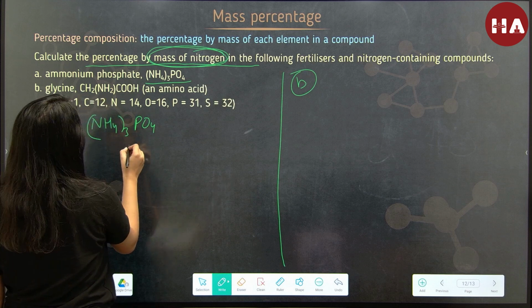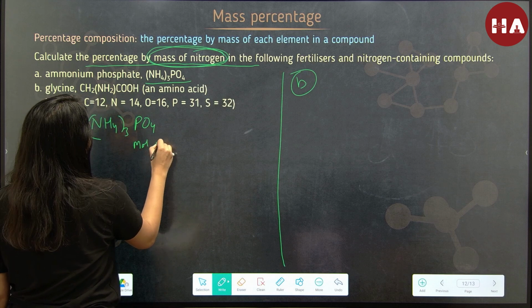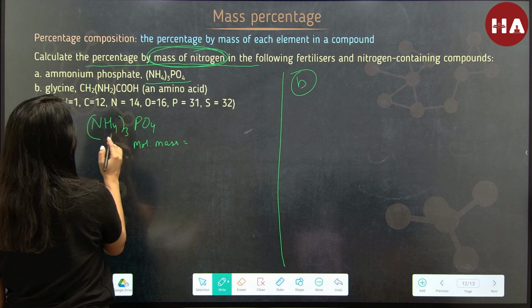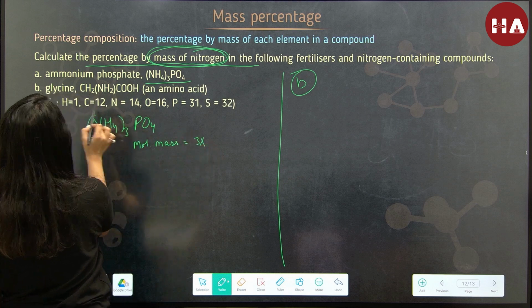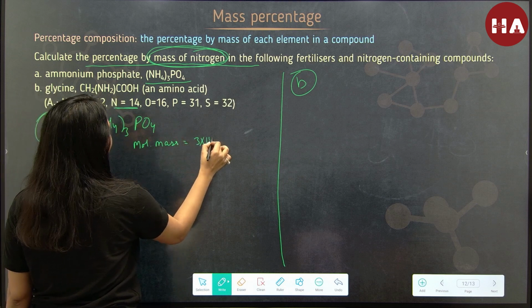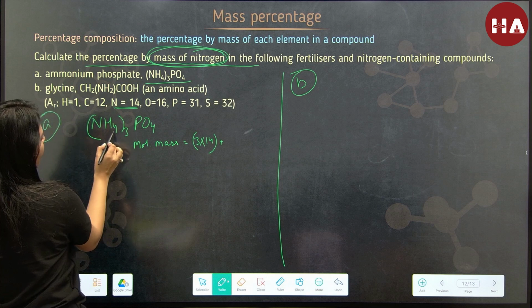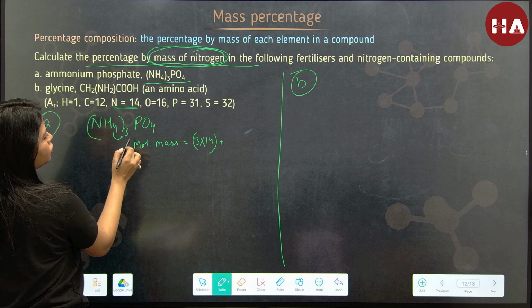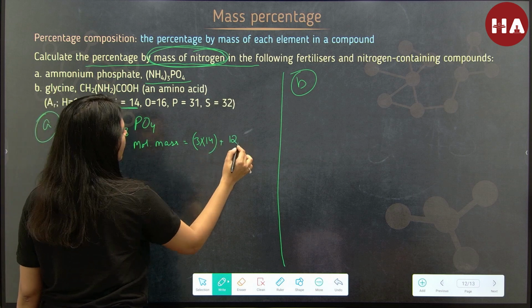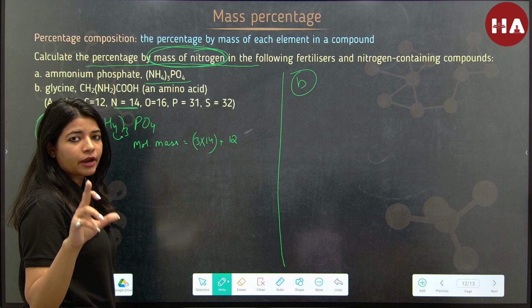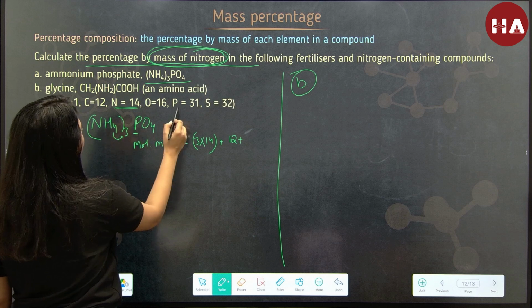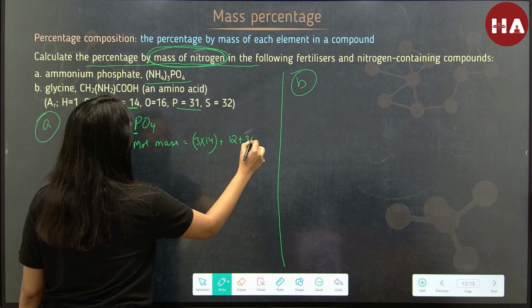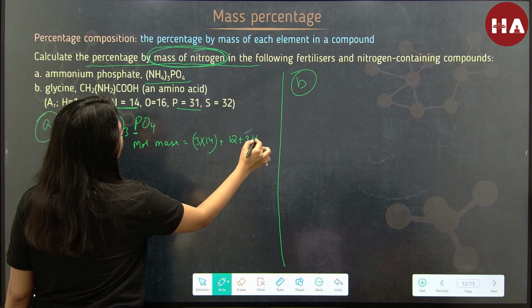So let's first calculate the molecular mass. Molecular mass equals, how many nitrogen do you see here? 3. So 3 times nitrogen mass, which is 14, plus how many hydrogen do you see here? 4 times 3 is 12. So 12, times 1 I am not doing because hydrogen mass is 1, we know that, plus phosphorus, how much? 31, only 1 atom is present, so 31 plus 4 oxygen atoms are present.